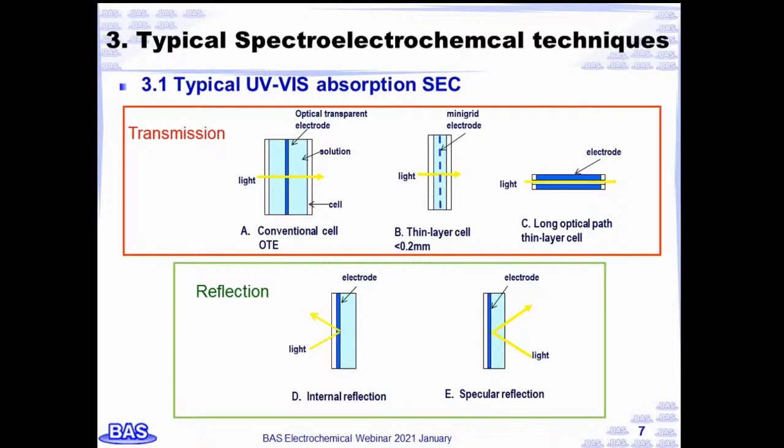In E, light is incident from the solution phase and reflected on the electrode surface, called specular or external reflection. The transmission method is often used because of the simplicity of the experiment. From now on, I will mainly explain the transmission method.